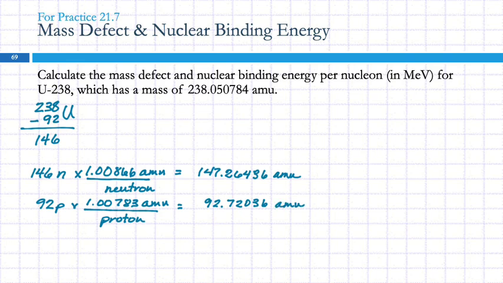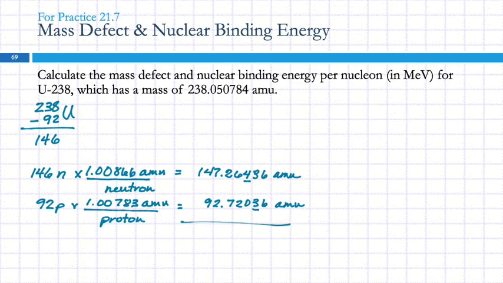For keeping track of sig figs, the number of neutrons and number of protons are exact numbers because we're counting. You can't have half of a proton. You've got 92 or 93. So we're looking at sig figs here. We've got 5 decimal places, so 6 sig figs.